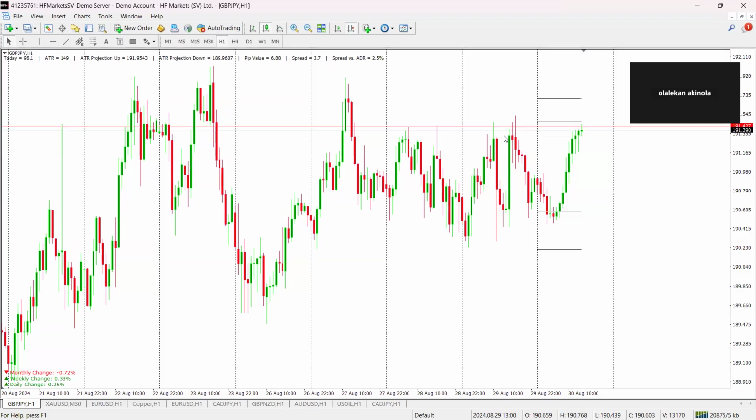There is entry, there is exit levels, but then the topic today is a little bit different. High probability entries. That is, we're not just talking about finding normal entries.